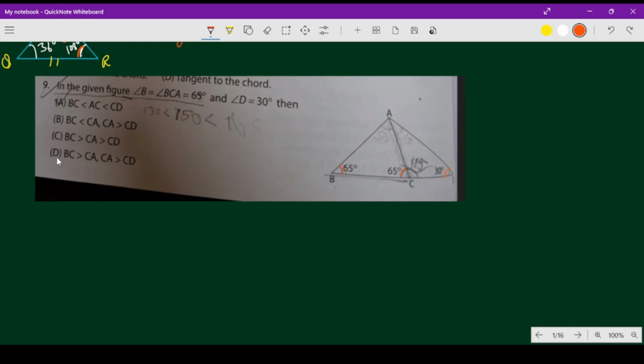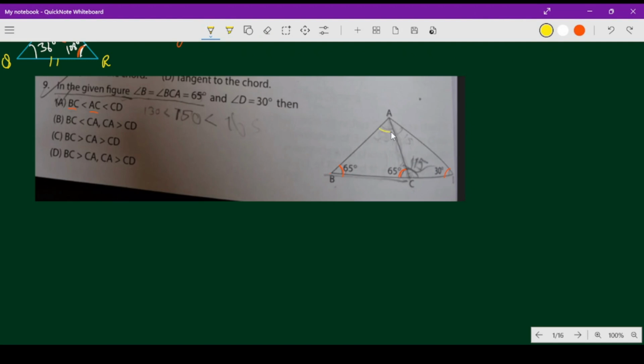First, we have been given these four options, so we need to take all the options one by one. It starts from option number A. They have mentioned BC and AC, so we need to look into the picture. BC is over here and AC is here. So BC and AC are sides of this triangle ABC. If we see clearly in this triangle ABC, this is 65 degrees, this is 65 degrees.